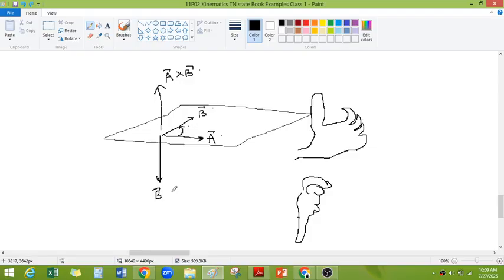Last class we talked about dot product. Now we are talking about cross product. Another name for this is vector product. That was scalar product, this is vector product.